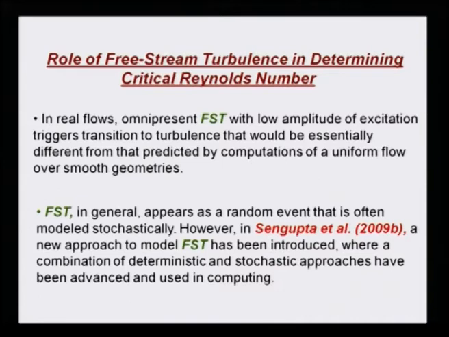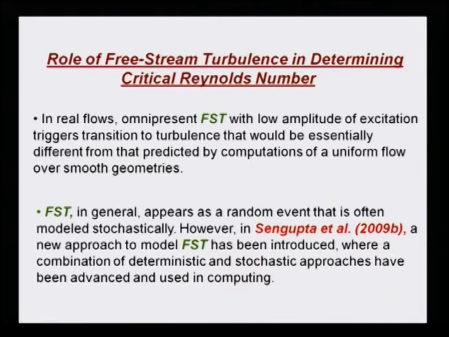That would be the free stream turbulence, right. So we state very clearly that if we are looking at real flows, we will always have this free stream turbulence present. It could have a low amplitude of excitation, but that may be good enough to alter the bifurcation sequence, right.